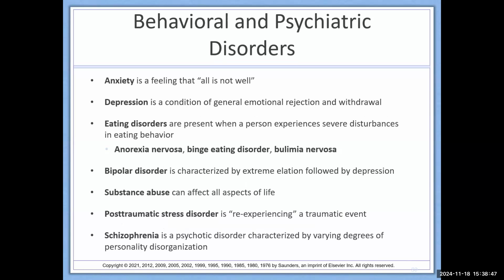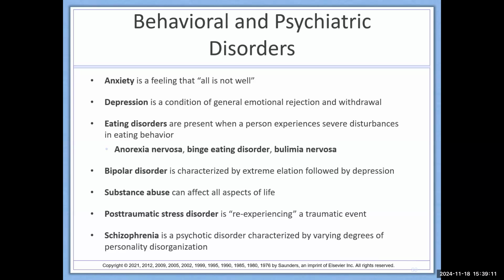As your book tells you, there are some terms. Anxiety is a feeling that all is not well. Depression is a condition of general emotional rejection and withdrawal. Eating disorders are present when a person experiences severe disturbances in eating behavior, like anorexia nervosa, binge eating disorder, and bulimia nervosa.